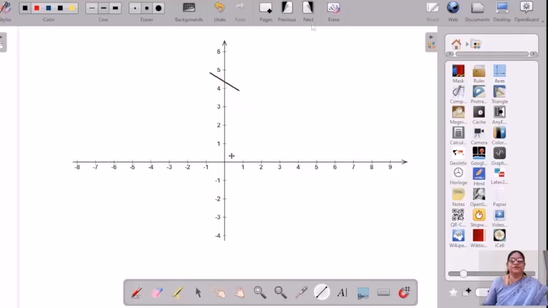Our first line is passing through the point 4, 4.